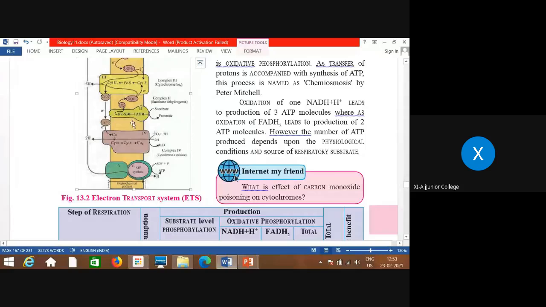And this oxidation is correlated with phosphorylation, that means there is synthesis. Phosphorylation is nothing but addition of phosphates. So ATP is produced from ADP plus Pi, and that is oxidative phosphorylation. So this is also called oxidative phosphorylation.